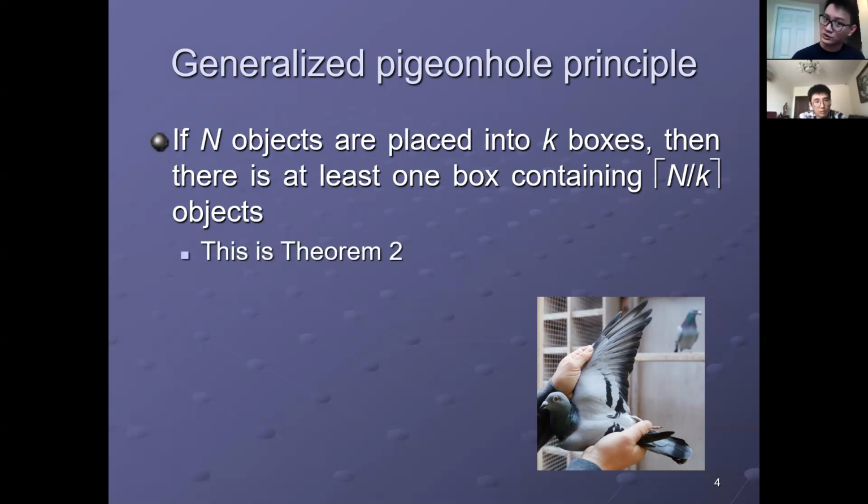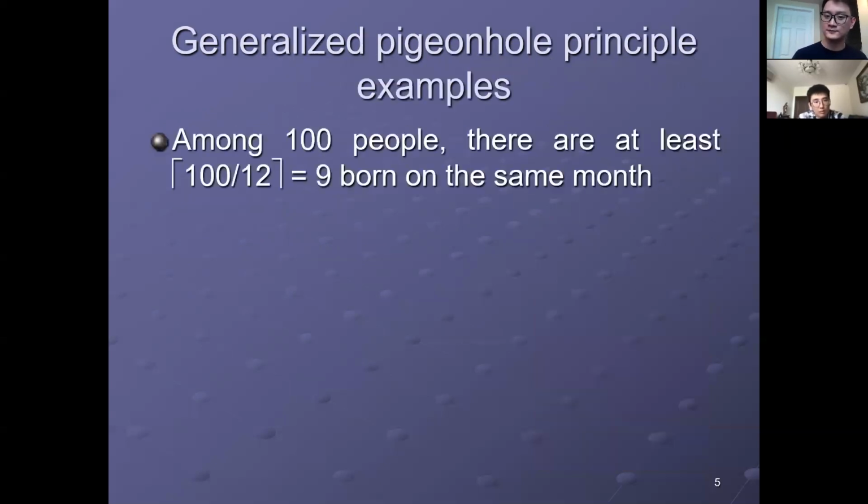This is the second theorem in the Pigeonhole Principle, called the generalized Pigeonhole Principle. Say we have 100 people. This means at least 9 people will be born in the same month, because 100 divided by 12 gives you 8 point something, and then you round up, which gets you 9.